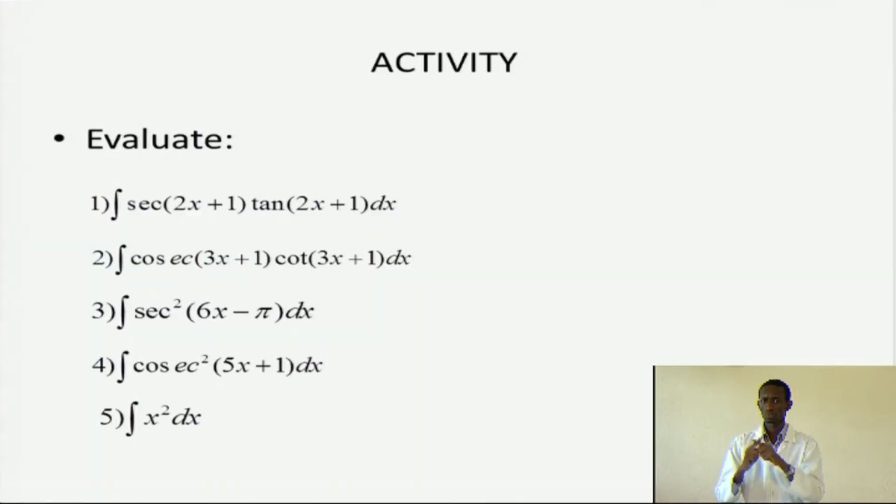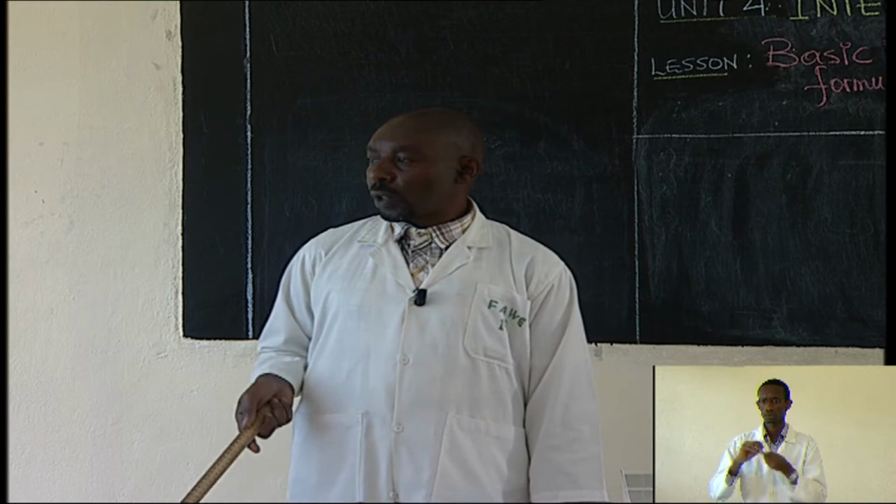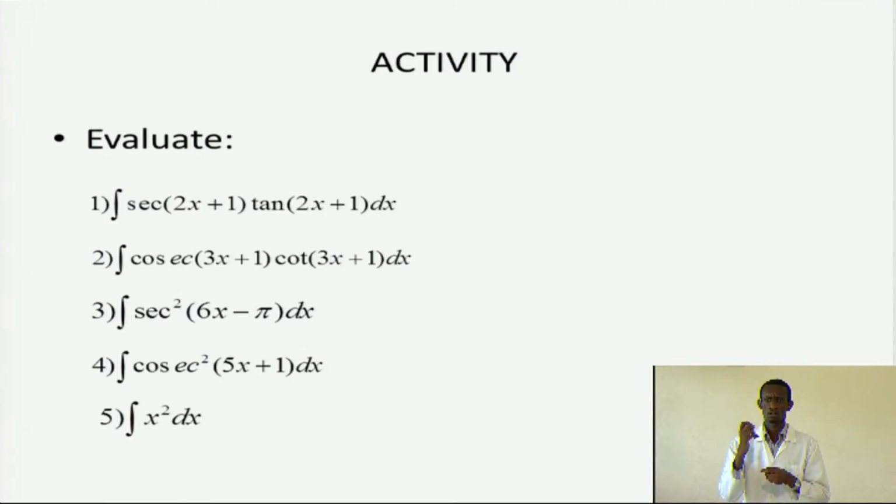Number 2, integral of cosec of 3x plus 1 times cotan of 3x plus 1 dx. 3, integral of sec squared of 6x minus pi dx. 4, integral of cosec squared of 5x plus 1 dx. Then number 5, integral of x squared dx. I give you 1 minute to work out this activity.